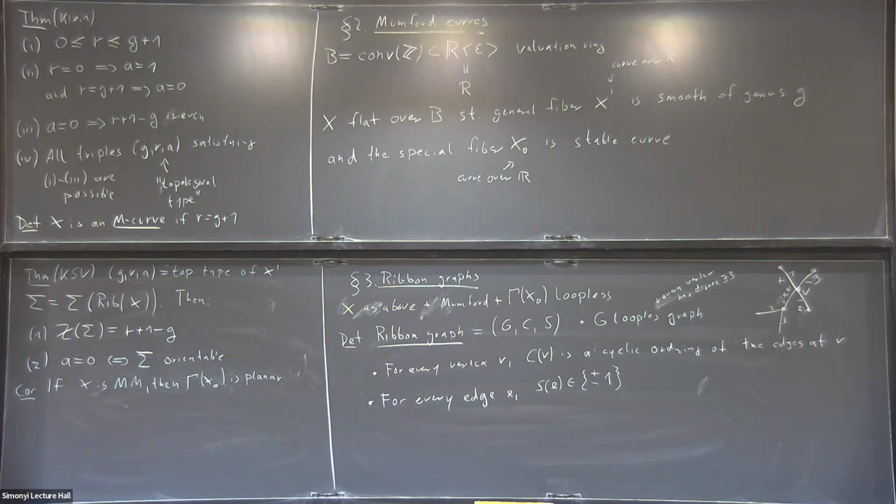Oh, but you're assuming it's Mumford. Can't you have higher genus components? No, I thought in M_g bar, the maximally degenerate curves are all trivalent.